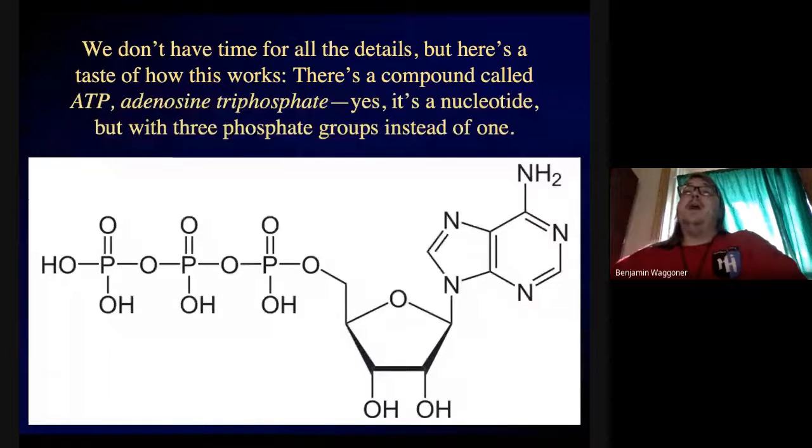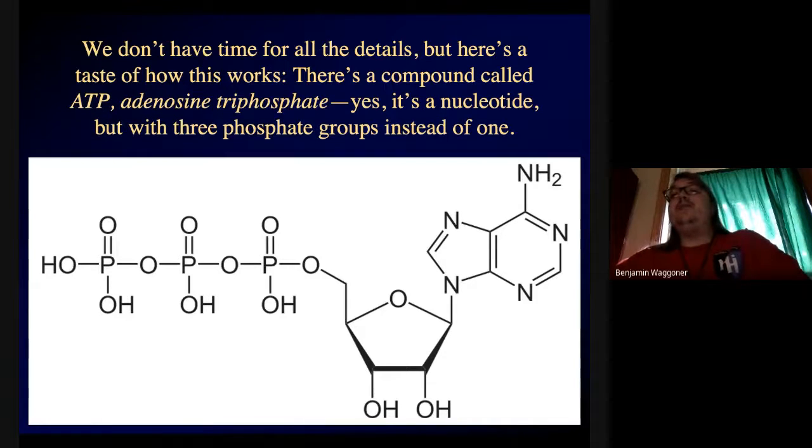There's a compound that your cells contain lots of called ATP, adenosine triphosphate. You might recognize, by the way, that it's a ribonucleotide. On the right, you can see you have that double ring, pentagon next to a hexagon containing carbons, but also nitrogens. That's a base, that's adenine.